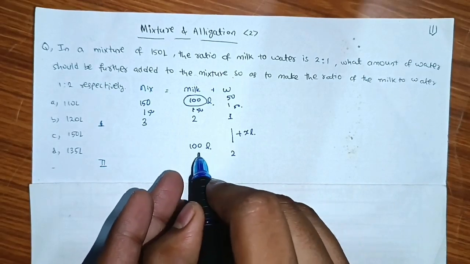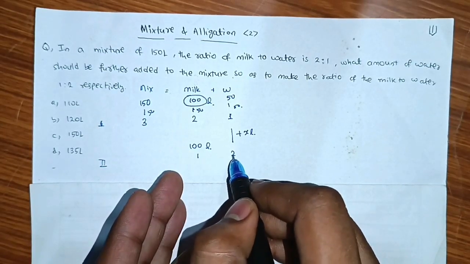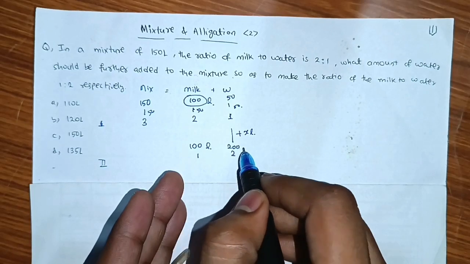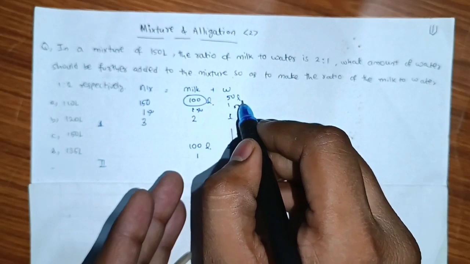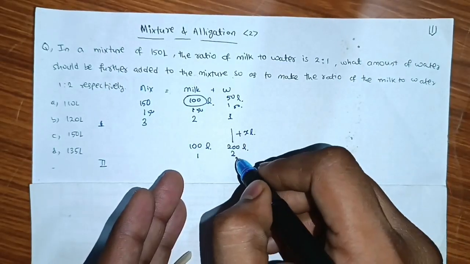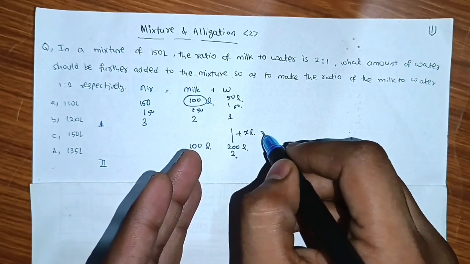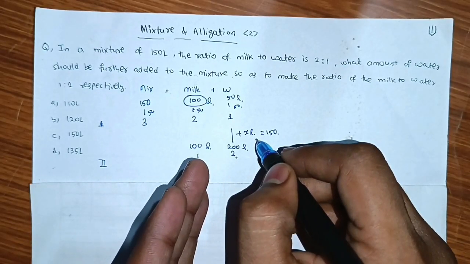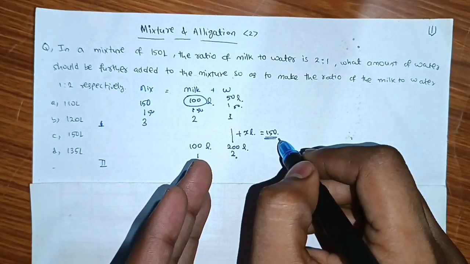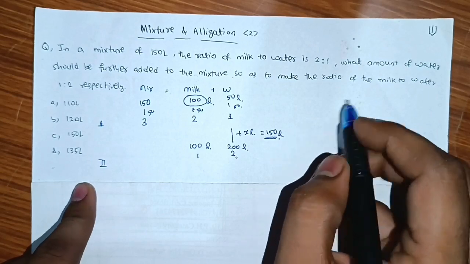So if the ratio 1 is equal to 100 liters, then 2 is equal to 200 liters. So the initial water quantity is 50 liters and the second quantity is 200 liters. So the difference of this is equal to 150. So the added x liters quantity is equal to 150 liters to make the second condition.